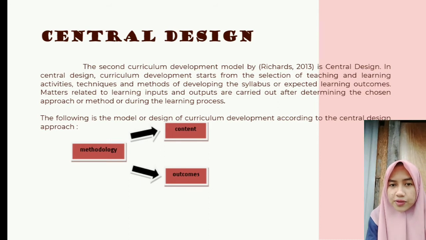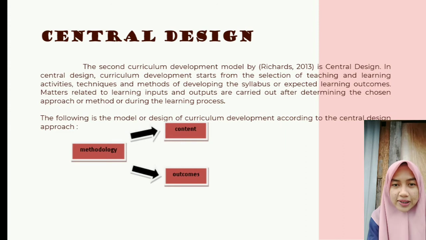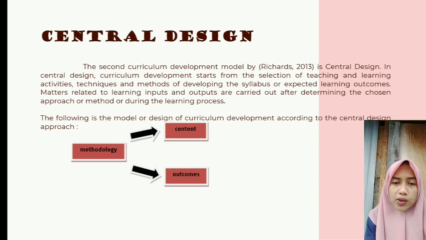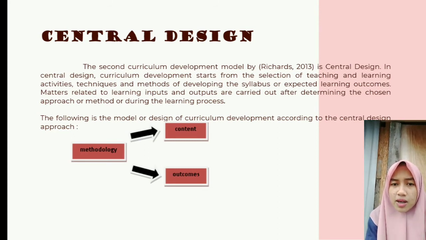The diagram above shows that the curriculum development approach uses central design. The first thing to do is determine the method or form of learning activities in the classroom. Then, after the method is determined, it continues to determine the appropriate matter or topic and also the outcome or output, such as tests that will be used to view the outcome.